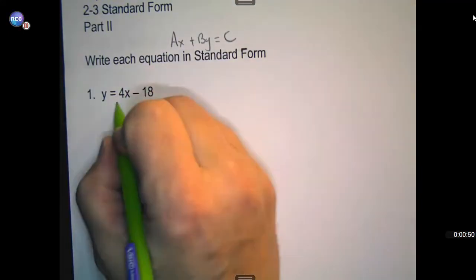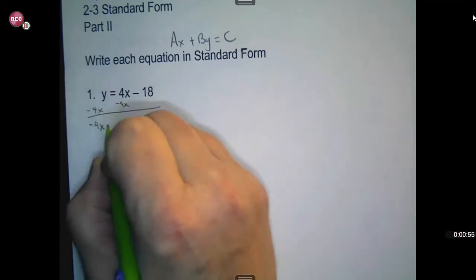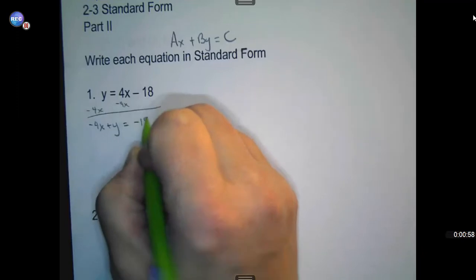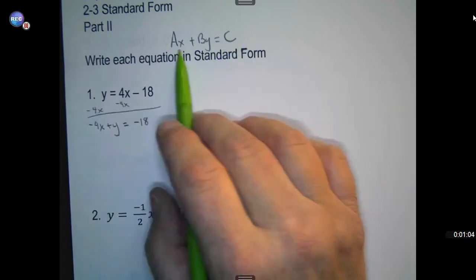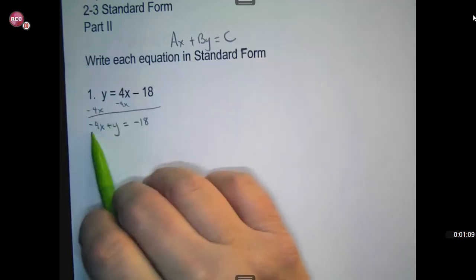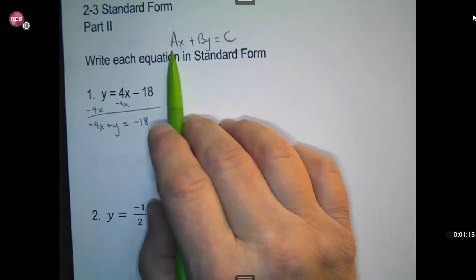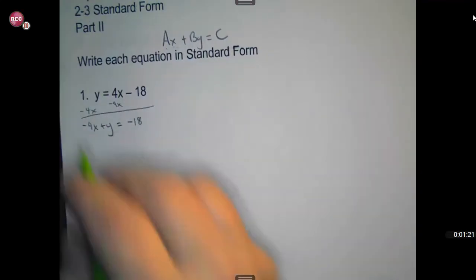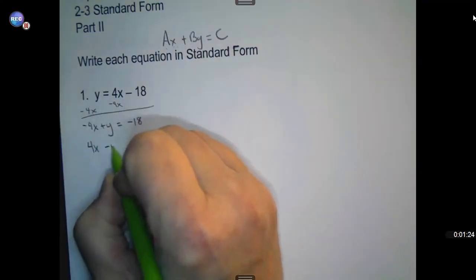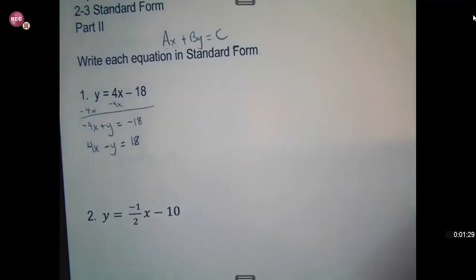So for this problem, we would move 4x to the other side, and we would get negative 4x plus y equals negative 18, and then as I've been saying throughout, the coefficients of the terms have to be integers, which they are here, but the coefficient of the x term, the first term, the leading term, whatever you want to call it, has to be positive, and negative 4 is not positive. So I need to multiply everything through by a negative, and there's my equation in standard form, okay?